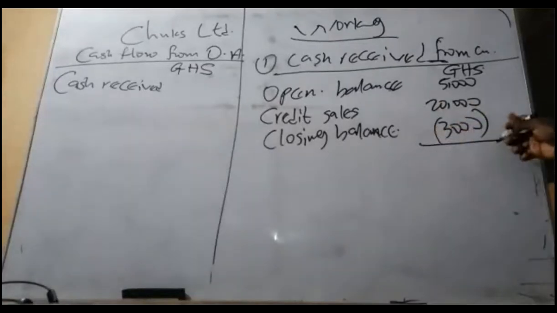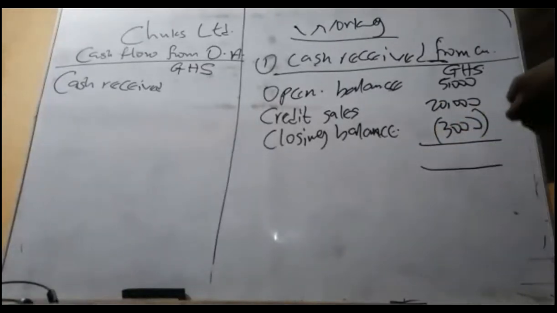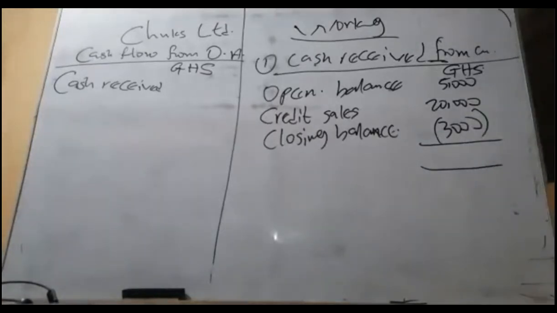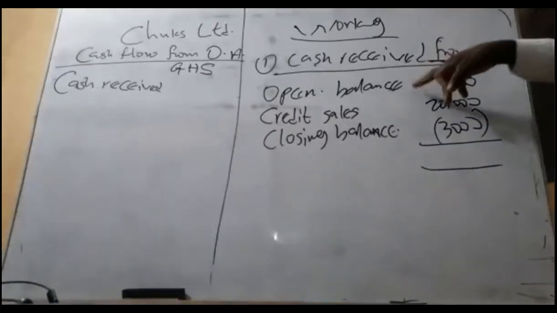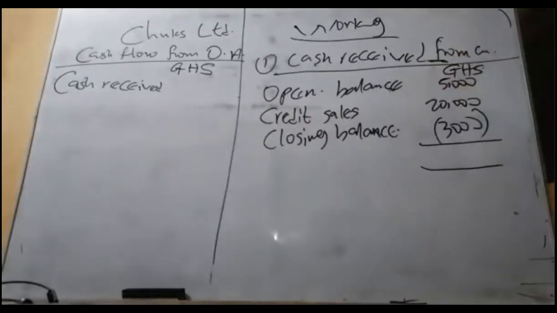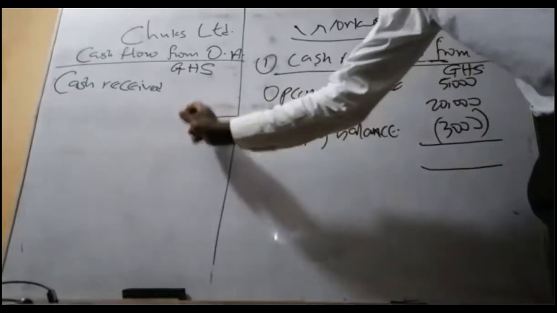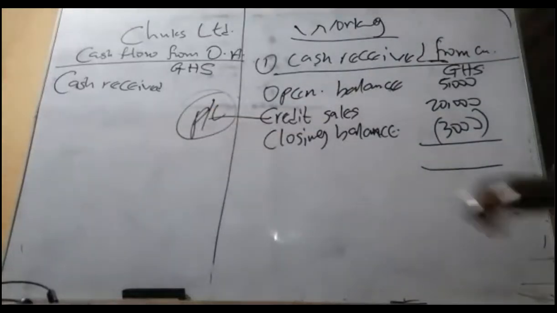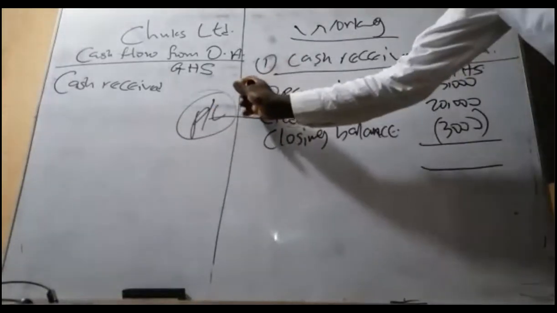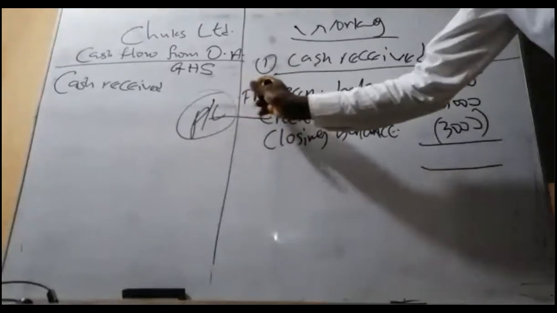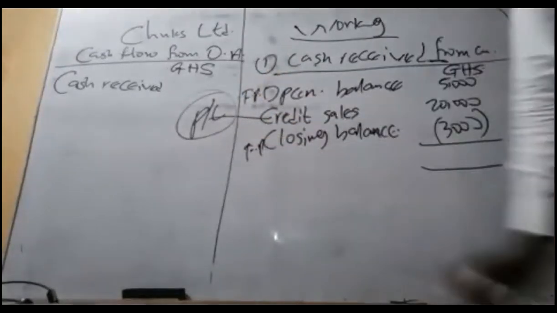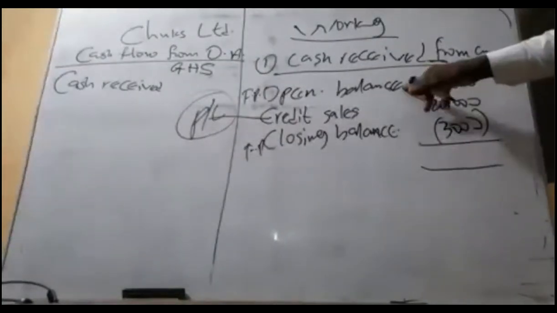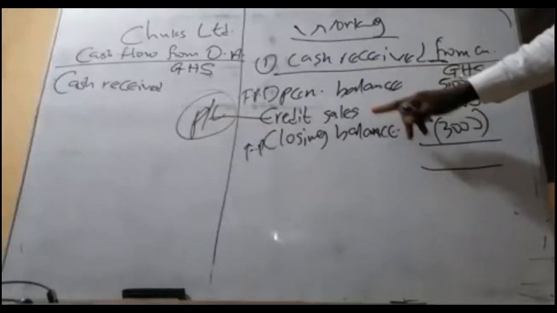So please let this format be part and parcel of you. Anytime you're looking for something paid or received, start with the open balance. The movement here, I normally call the P&L phase. So this one goes to the P&L. The closing balance will be the financial position, the balance sheet. Then you are done.